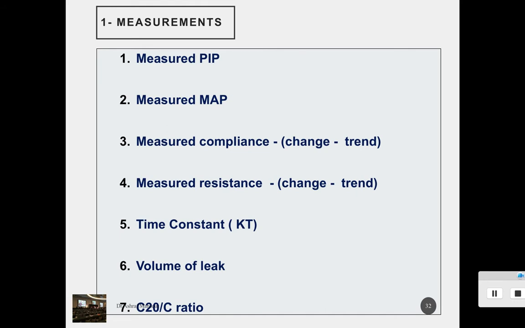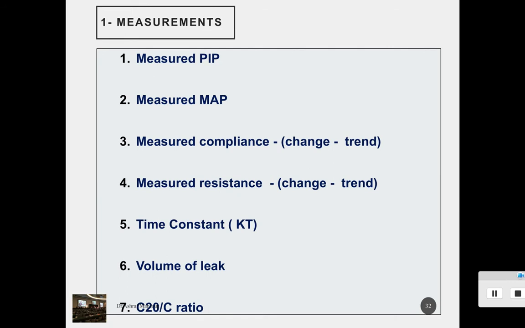The measurements which are very important are the PEEP and the MAP, and the trend which you can get from the measured PEEP and MAP can tell you a lot about the pathophysiological change inside your baby.